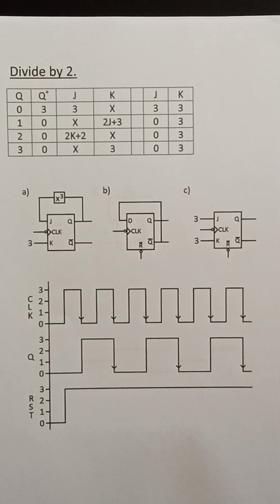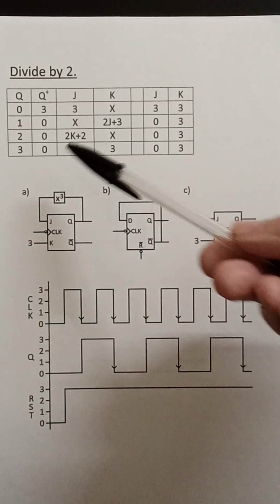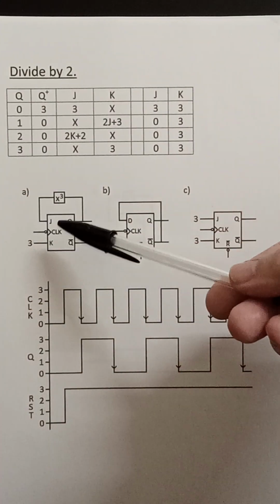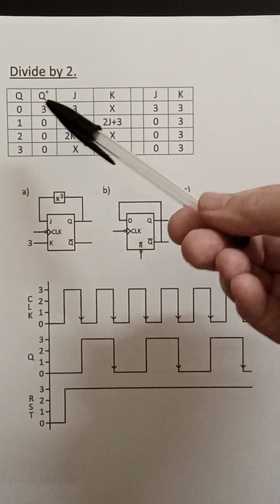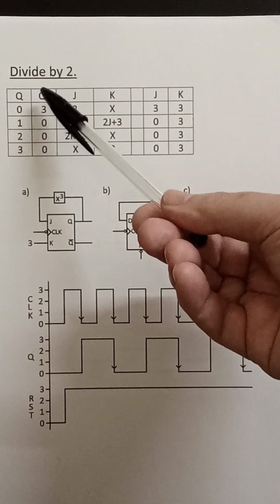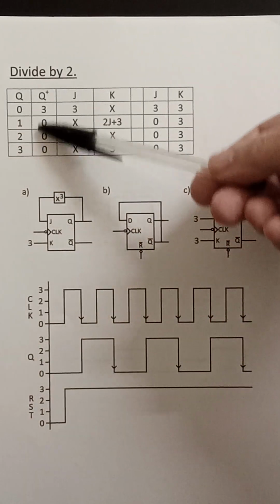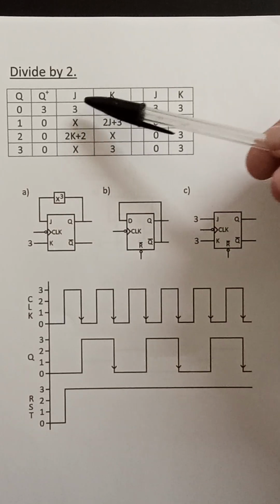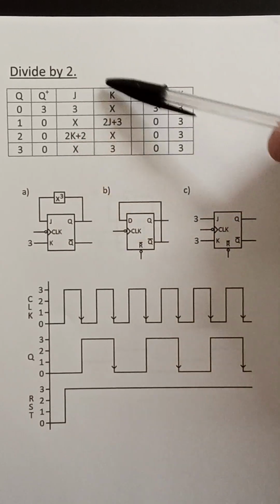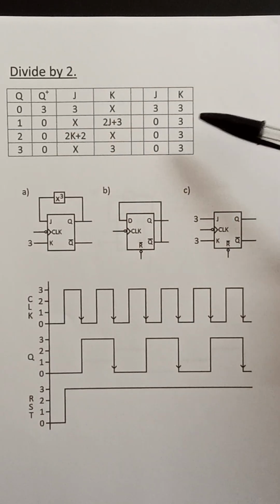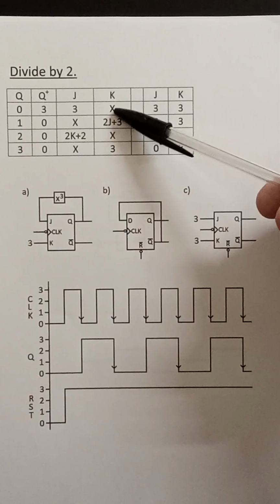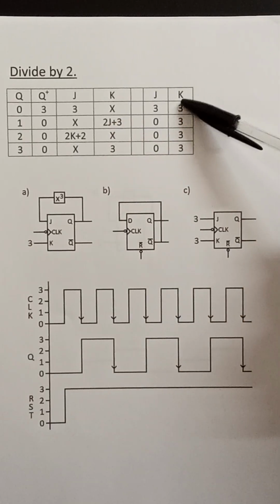Here we have a divide by 2 circuit. This is the table for circuit A here. Here we have the Q and Q plus, present state and next state, and the values of J and K I've just written in as the table, as in the previous table. So J equals a 3, X can be any value, 0, 1, 2 or 3, so I've let it equal a 3.